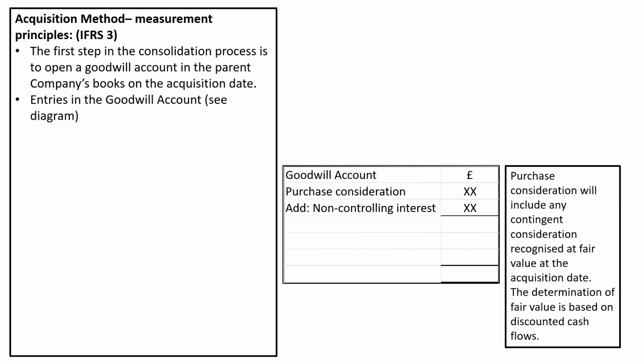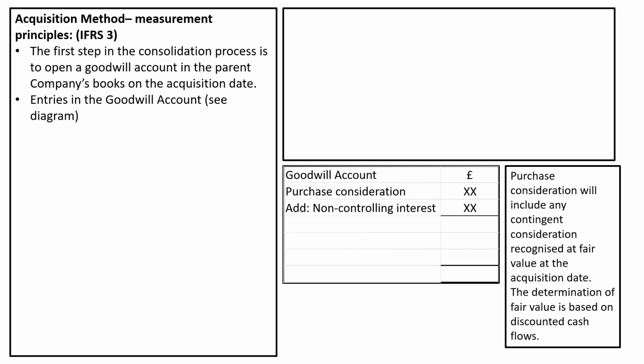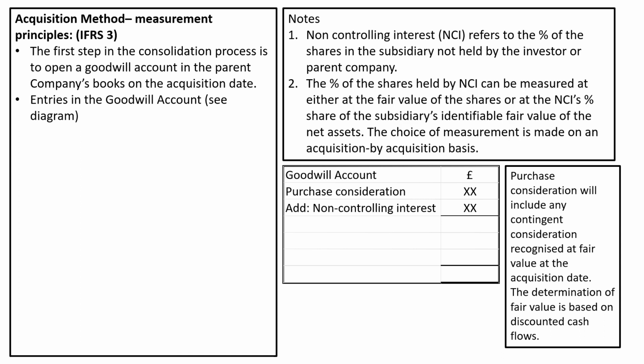We add to the purchase consideration the non-controlling interest. As you will remember, the non-controlling interest refers to the percentage of the shares in the subsidiary not held by the investor or parent company.